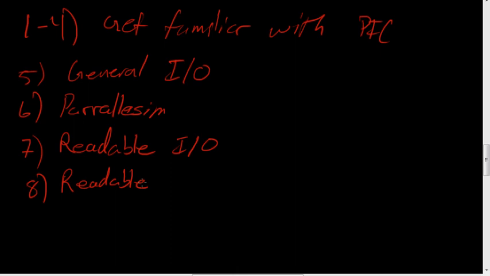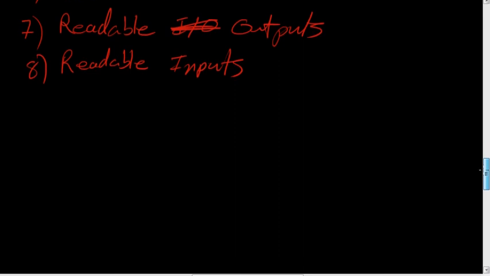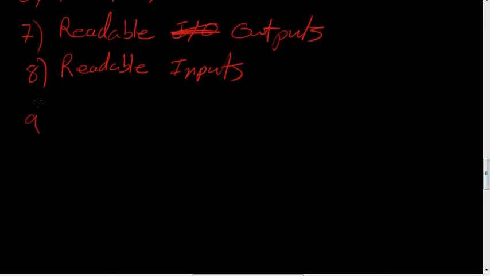I don't want to be pressing buttons that tell me what exactly the number is. So instead of switching up switches, I want to press the button 5. So readable outputs is 7, and readable inputs is 8. So these all have videos, by the way, you can watch them. It'll explain more in depth what each one is going over.